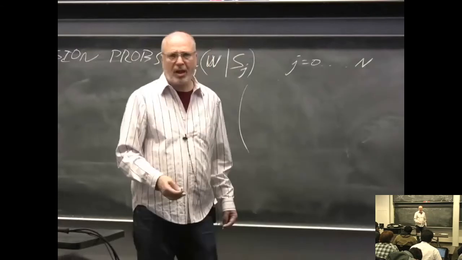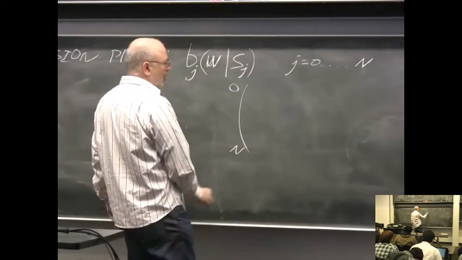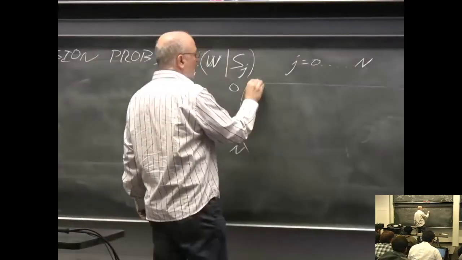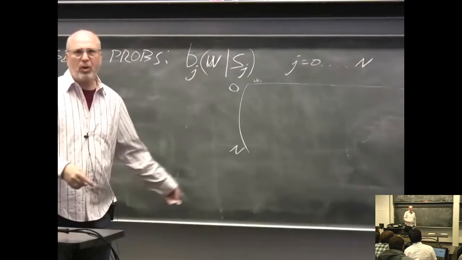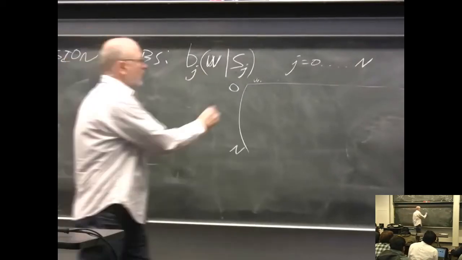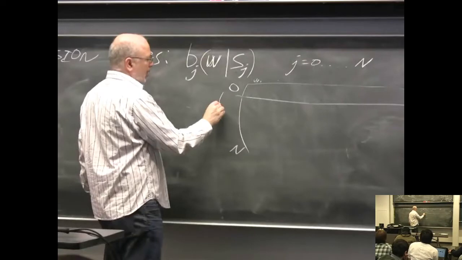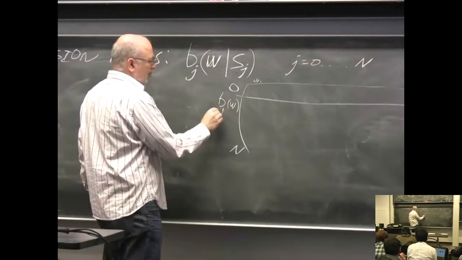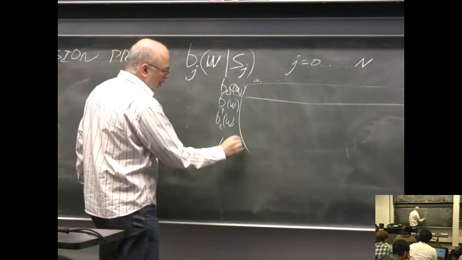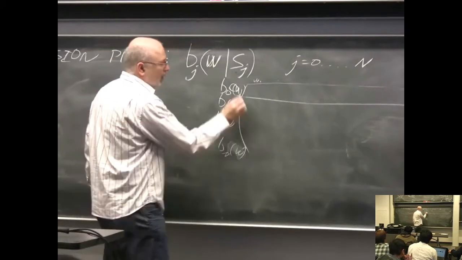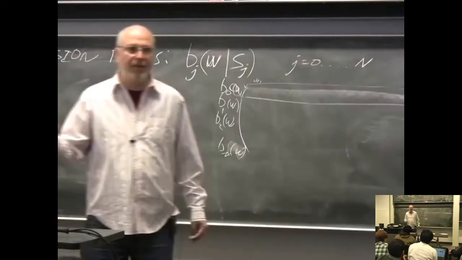The transition matrix is square, but this matrix goes from 0 to N along one side, and along the top, it goes from word 1 through word V. So it's of dimension N by V, or N plus 1 by V. And each row is going to be one of these: B_0 of W, B_1 of W, B_2 of W, all the way to B_N of W. Every row would be an entire unigram, a whole set of V values that sum to 1.